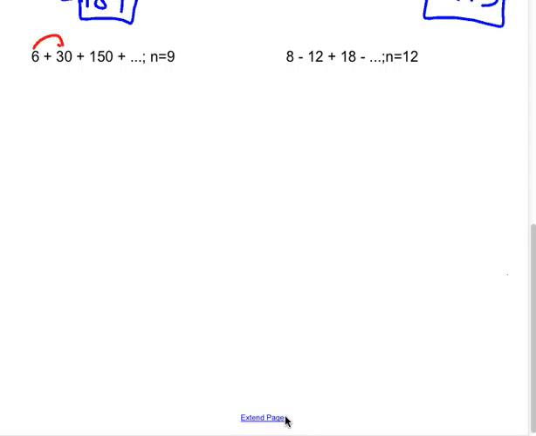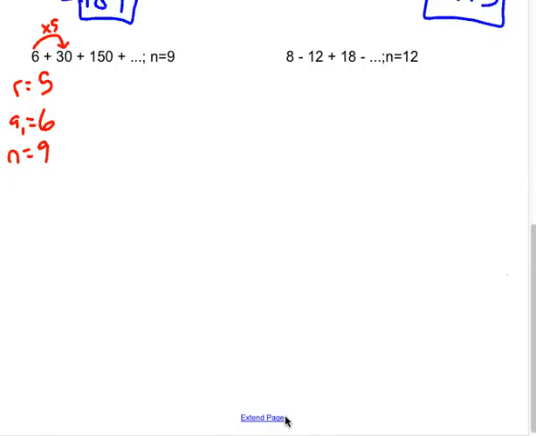So here, I think you guys could pretty quickly gather that you're multiplying by 5. So my rate is multiplying by 5. My first term is 6. And if they just give me the n like that, it doesn't matter that I don't know what the last term is.